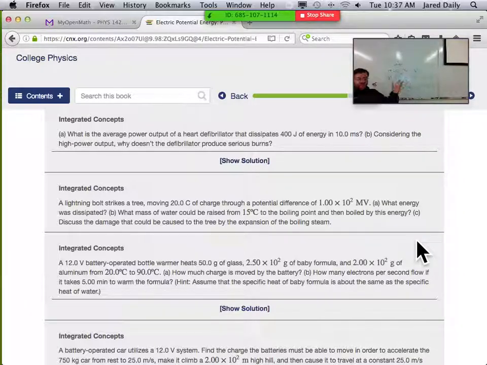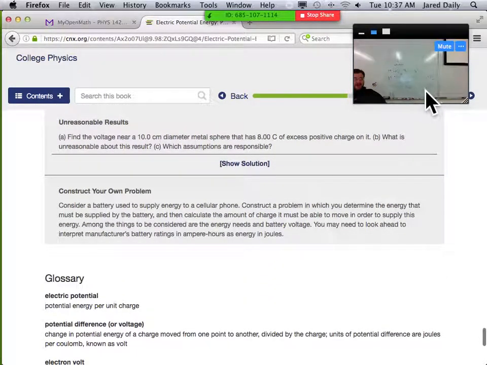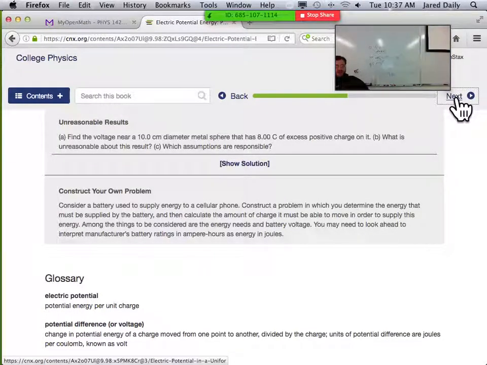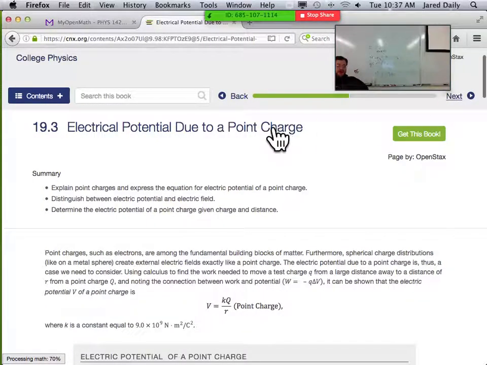It has everything to do with how electronics work. So I'm going to go ahead and move us to the next section because we are going to continue to learn this stuff as we go on through the next sections.